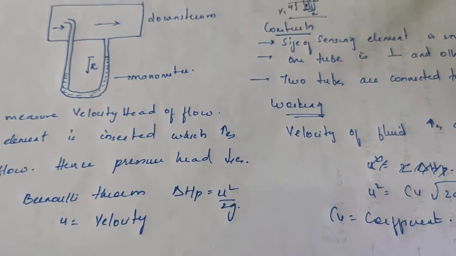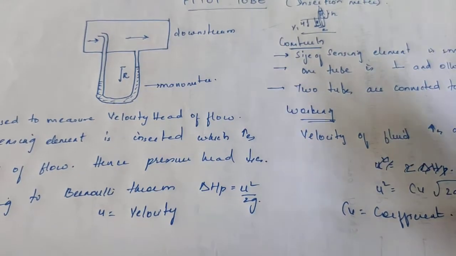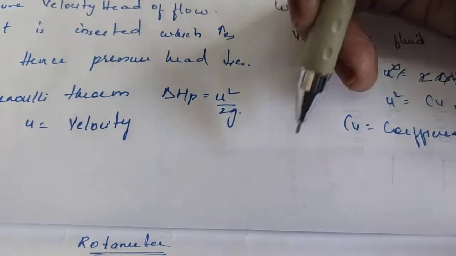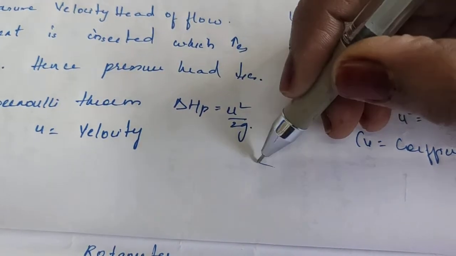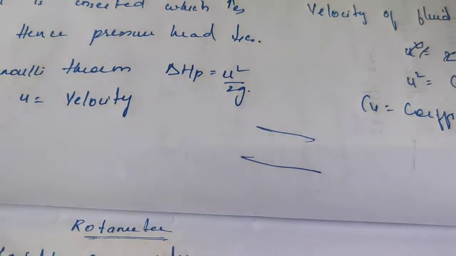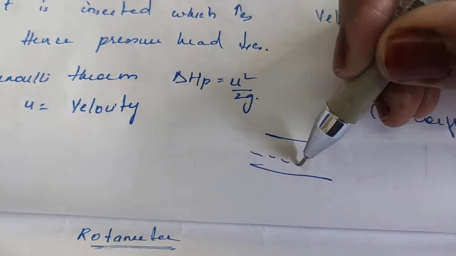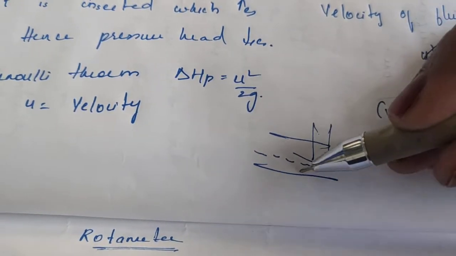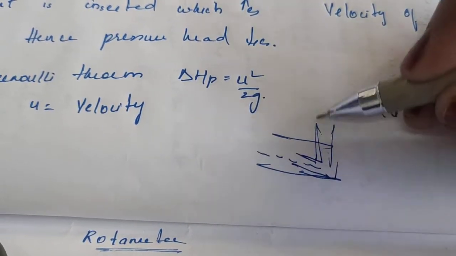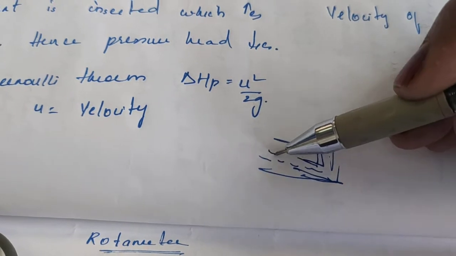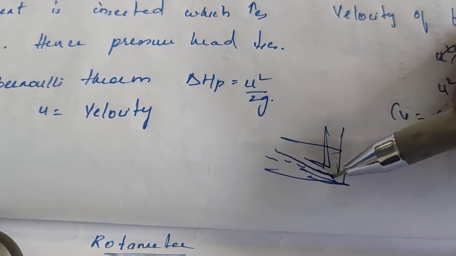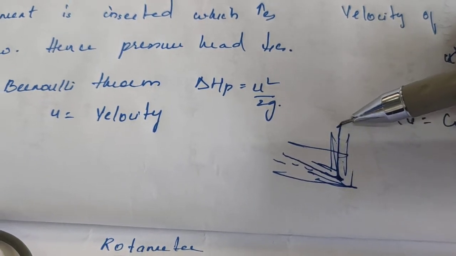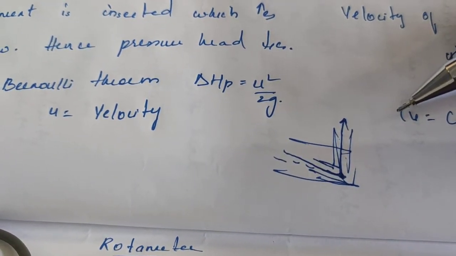To understand this phenomenon of the pitot tube, consider a pipeline in which the fluid is flowing continuously. When I insert one tube here in a perpendicular position, what happens is that the fluid continuously flows, strikes this bending area, and then moves upward in this direction.